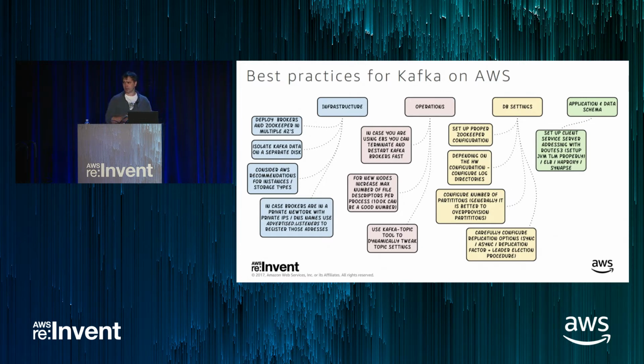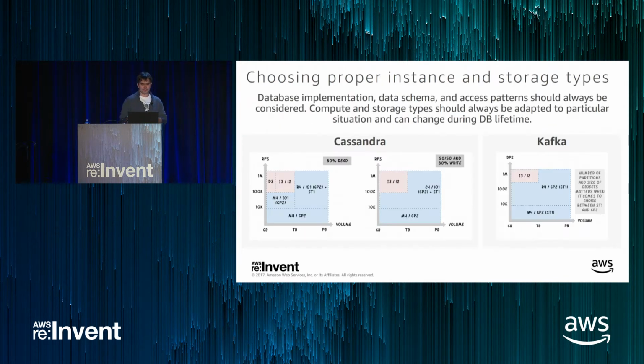Kafka works with an enormous number of small files. Then on the settings part, it's a general best practice to over-provision the number of partitions, and the guys from ProtectWise will explain why. And of course, you have to configure Zookeeper correctly to be able to fail over to the other nodes.